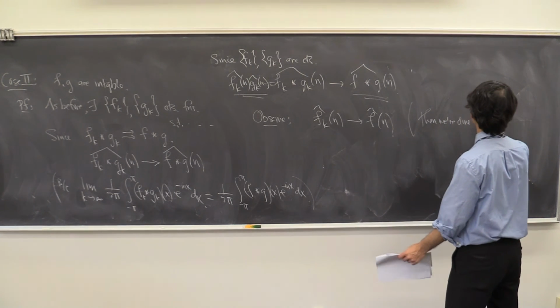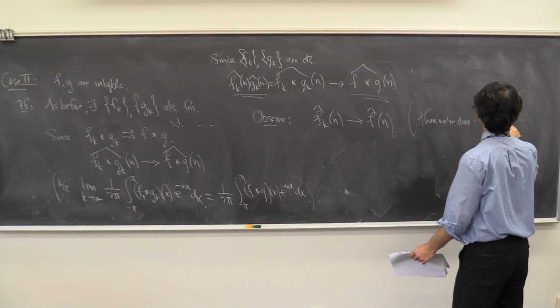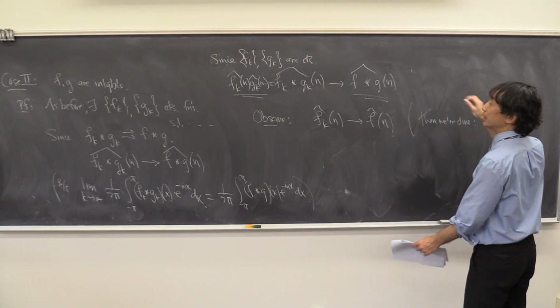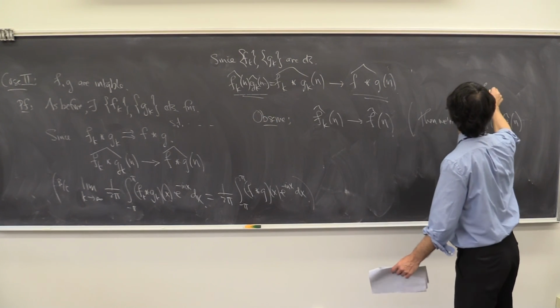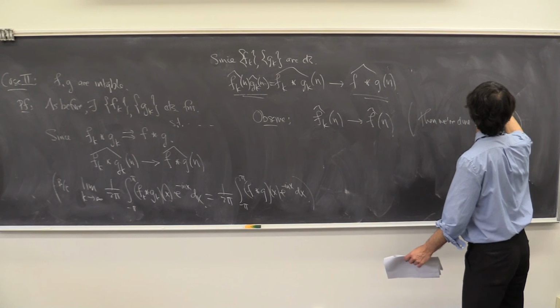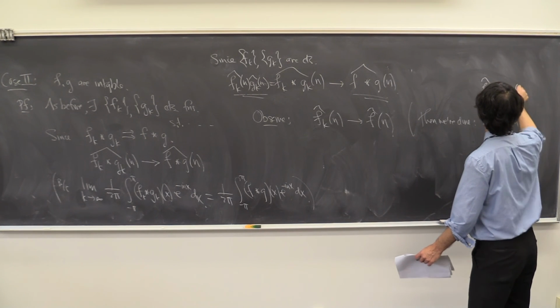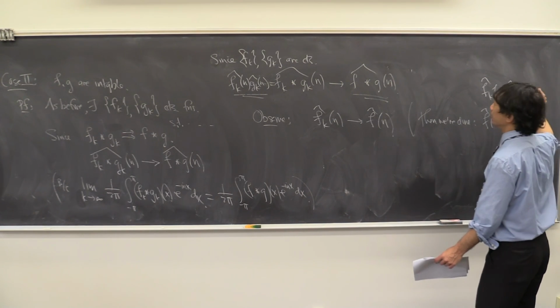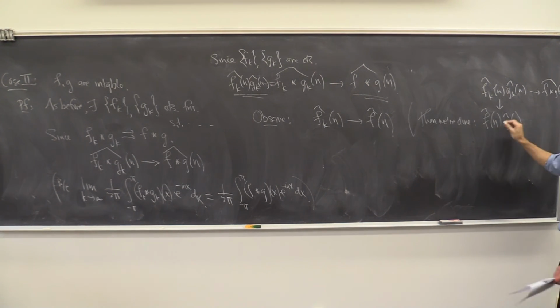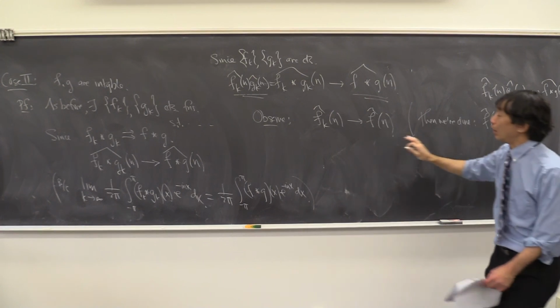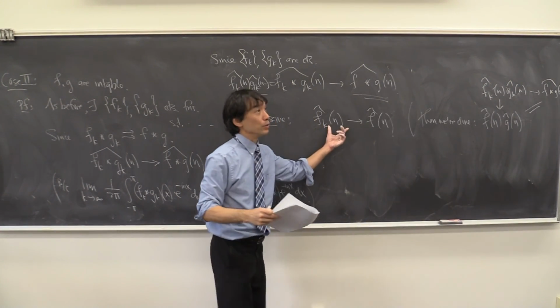We would get that f_k hat times g_k hat, as k goes to infinity, turns into that, but it also turns into this, and so these would be equal to each other. So all we need to show is that this is true.